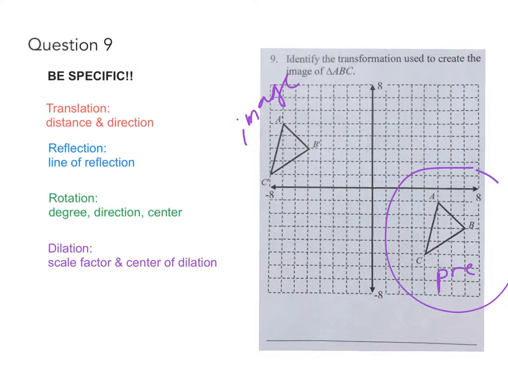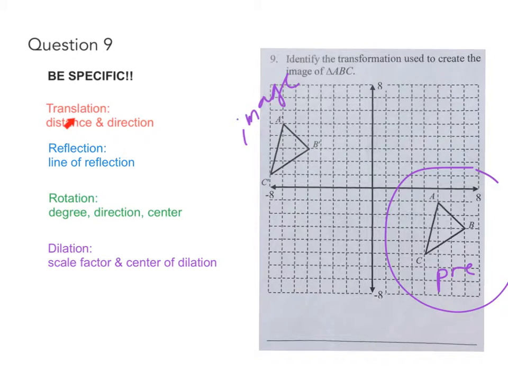All right, next we want to identify whether it's a translation, reflection, rotation, or dilation. So keep in mind, with a dilation we'll notice a change in size, so it'll be larger or smaller. A rotation would be a change in orientation. A reflection is also a change in orientation, so you have to be kind of discerning between those two.